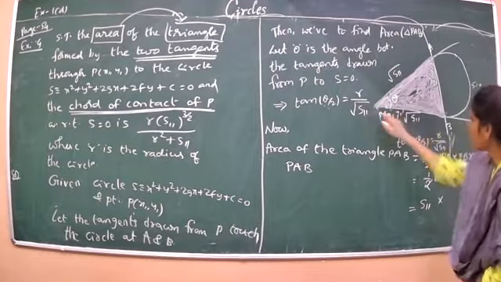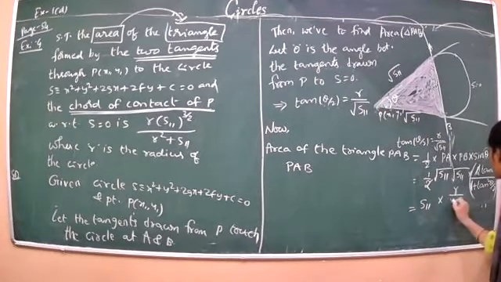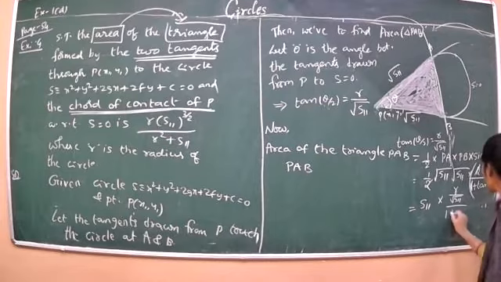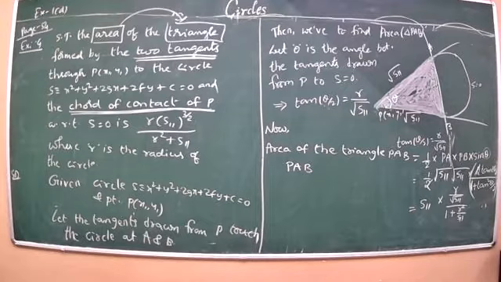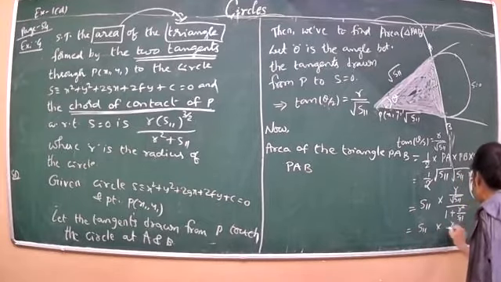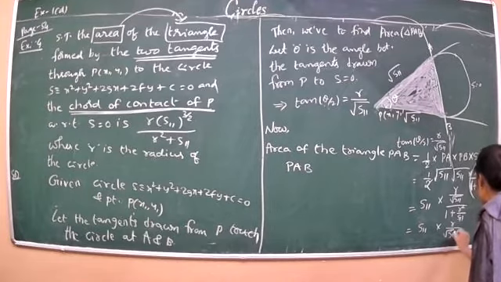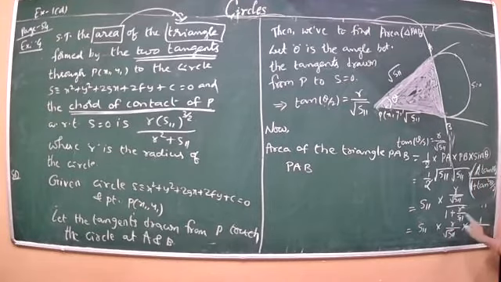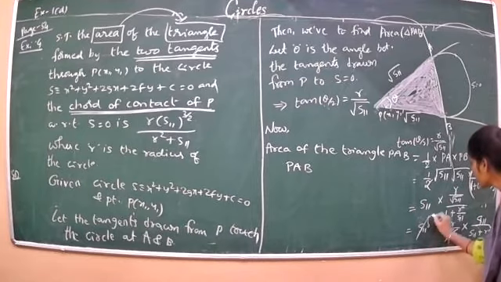What is tan theta by 2? R by root S11 divided by 1 plus R squared by S11. On simplifying, S11 into R by root S11 into 1 by S11 plus R squared, into whole S11. Here root S11 cancels with root S11.